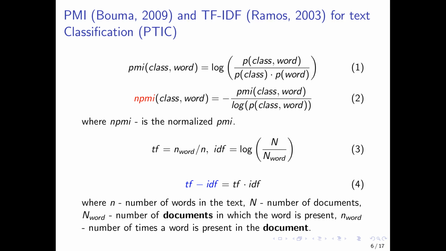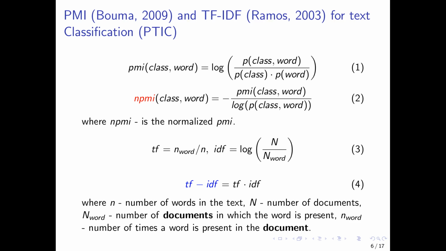The more frequent the word inside the class and the less frequent the same word outside the class, the greater PMI we will have for the word in that class. In equation 2, we just normalized PMI to get values from -1 to 1, which means that if class and word occurred together only, PMI would equal 1.